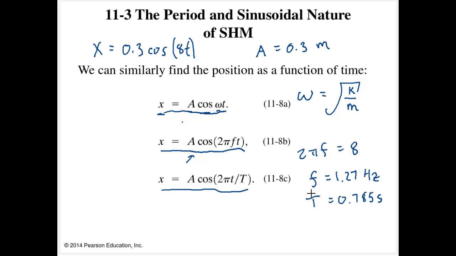We know that the period and the frequency are related to the spring constant and the mass, so if we knew either the spring constant or the mass, we could figure out what the other would be.